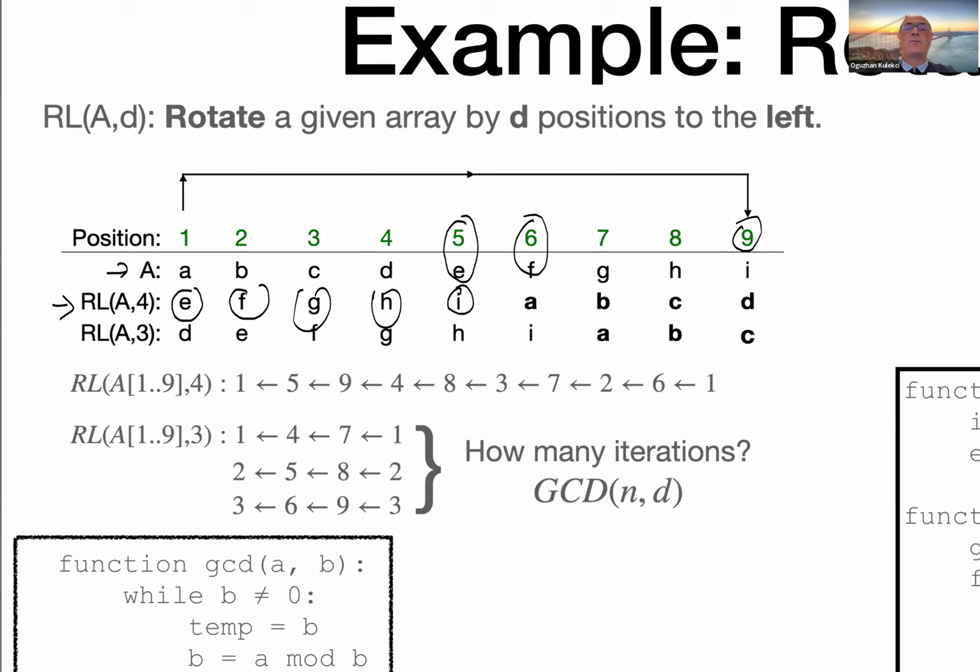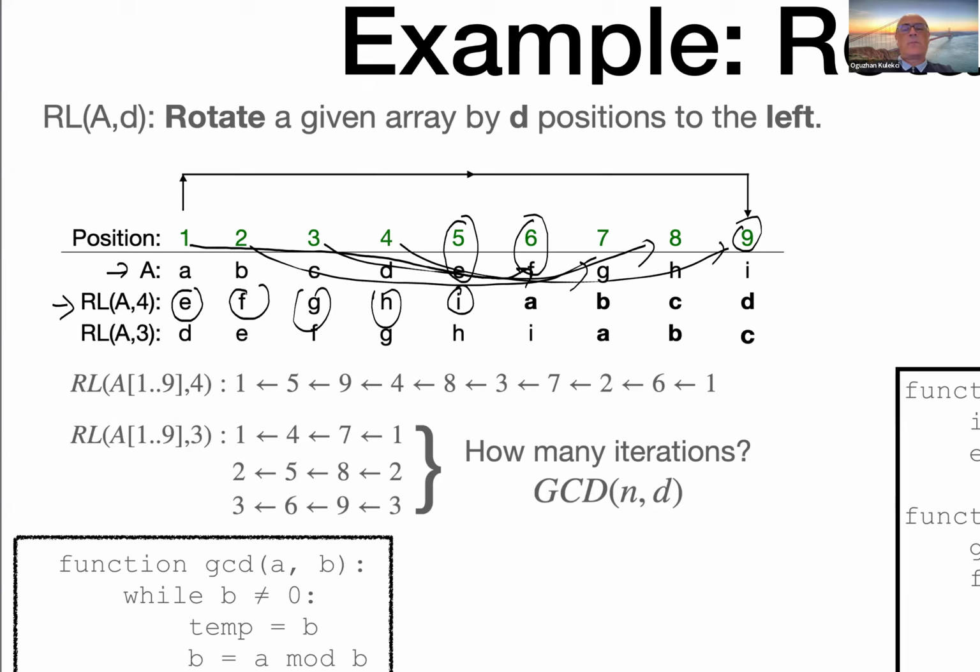Since this will be rotated to the left, considering this array as a circular array, I will be able to compute that the first position will go to 6, 2 will go to 7, 3 will go to 8, and 4 will go to 9.